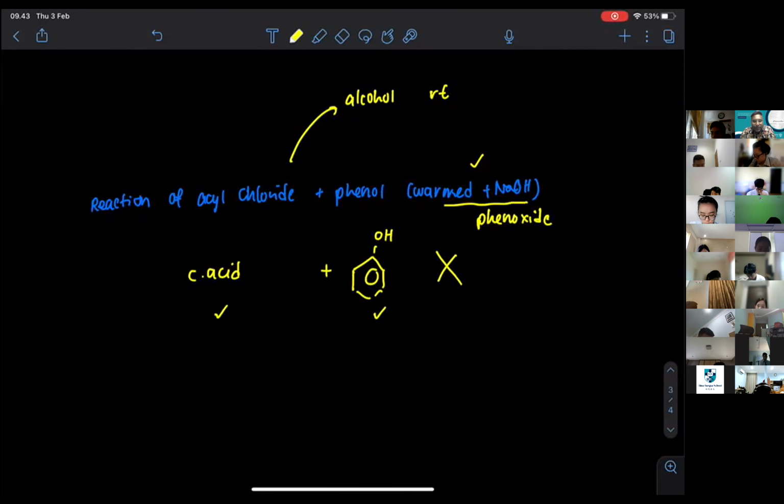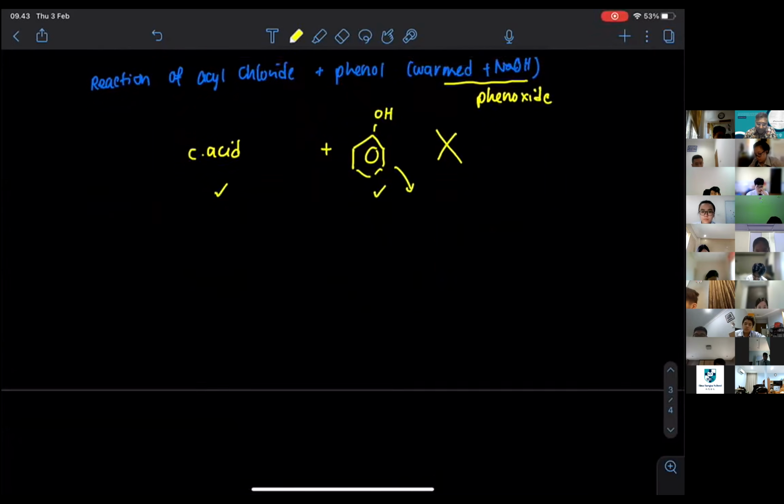But unreactive in what sense? They are reactive when it comes to electrophilic substitution. But in this reaction, we are not talking about electrophilic substitution. We are talking about nucleophilic addition elimination reaction. Both of them are unreactive, so they are not going to react.